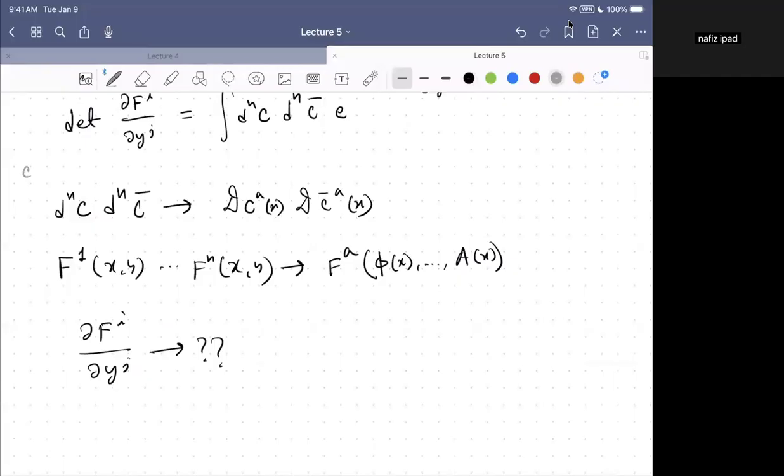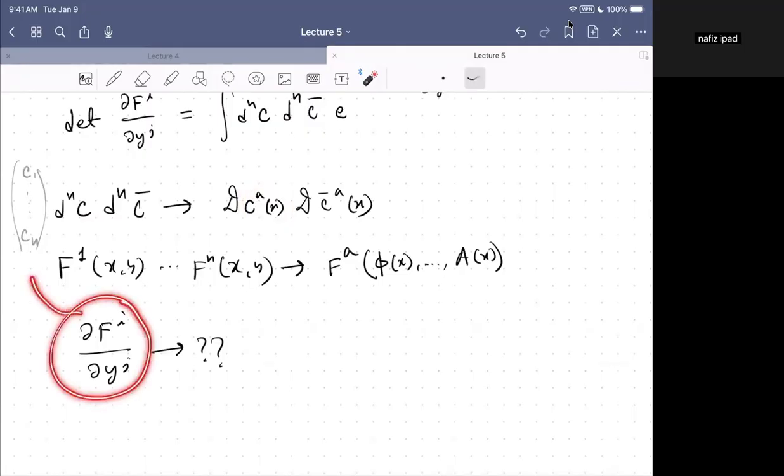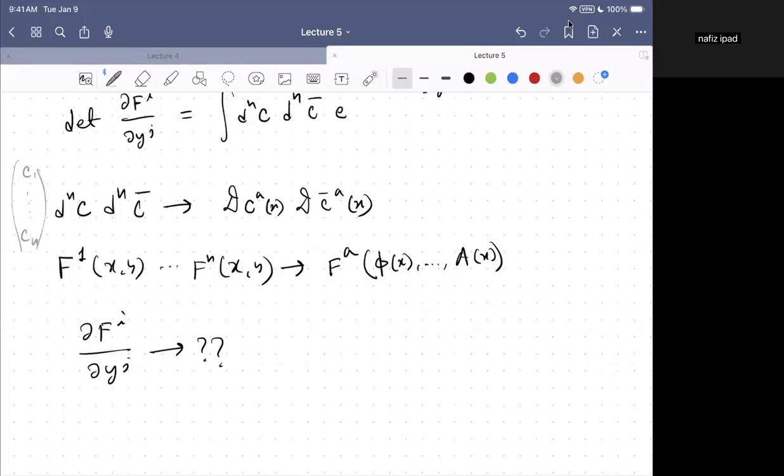So these C's were something like this, a column vector of Grassmann variables. Now we have these fields. So this matrix that acted on this thing should now be an operator. So whatever this is, it should be an operator that acts on C^A, right?